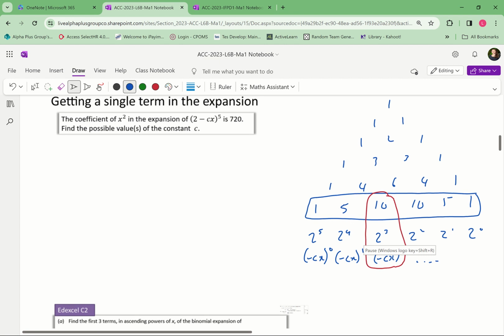So we know that 10 times 2 to the power of 3 times (minus cx) all squared equals 720, because that's what the coefficient is of x squared.